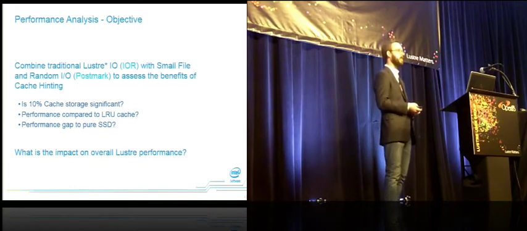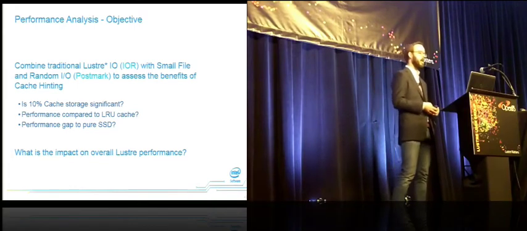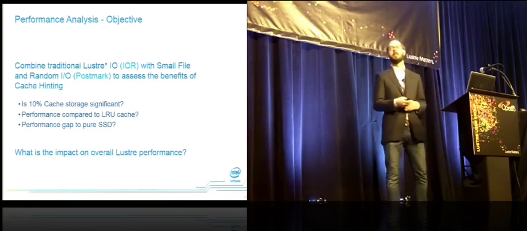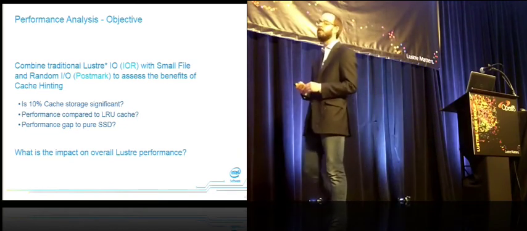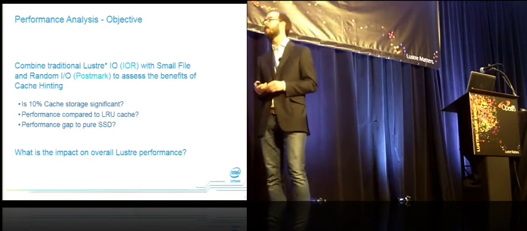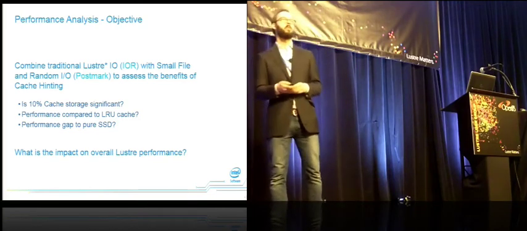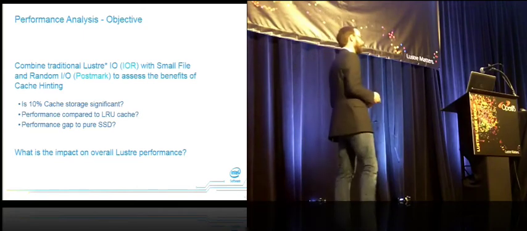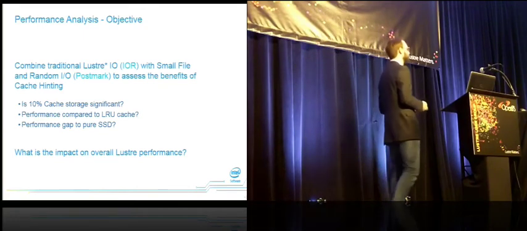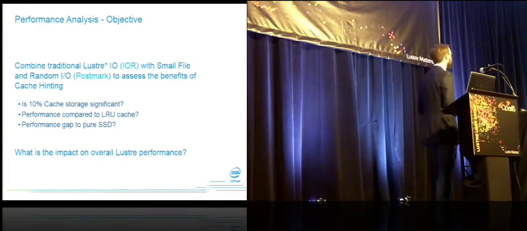Do we need to use 50%? Do we need to use 80%? And then we also wanted to compare this bucketed LRU methodology to just a traditional LRU and see how performance would compare there, and the performance gap to pure SSD. So if cost wasn't an issue and we just wanted to throw a bunch of SSDs in there, what's the difference between 10% SSD and full SSD?